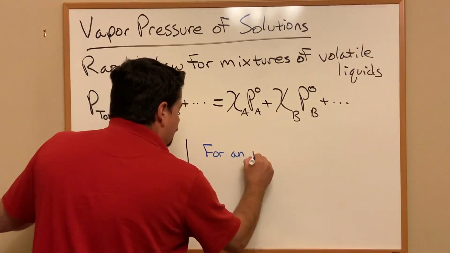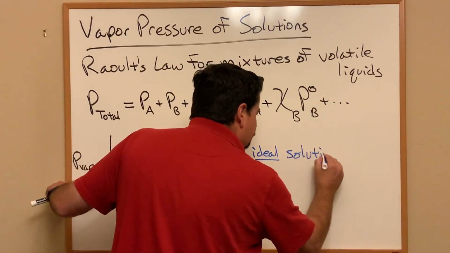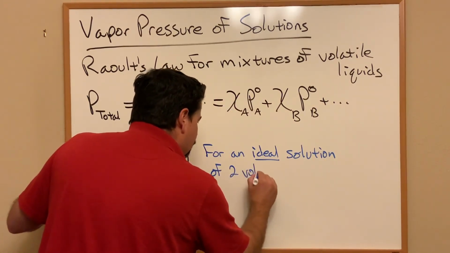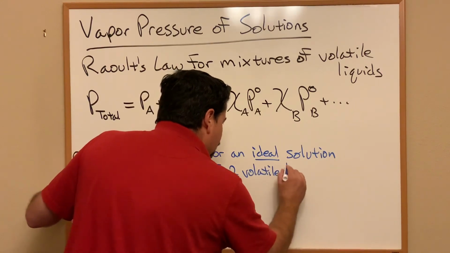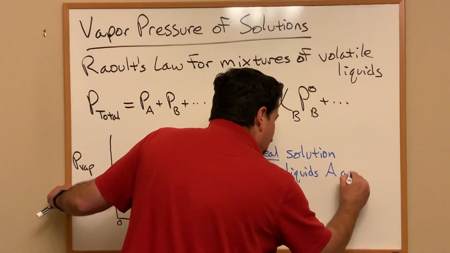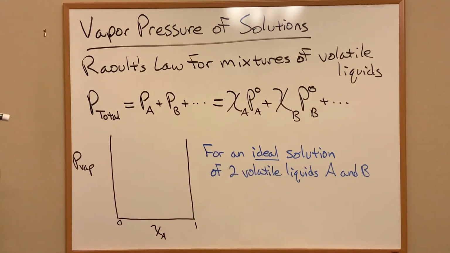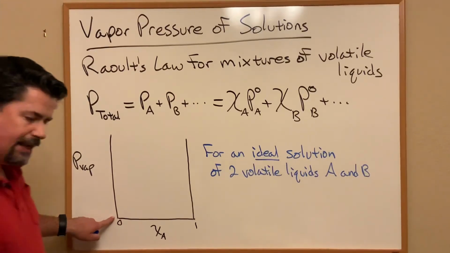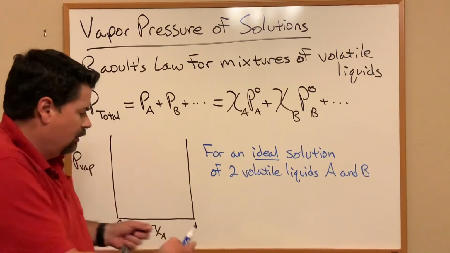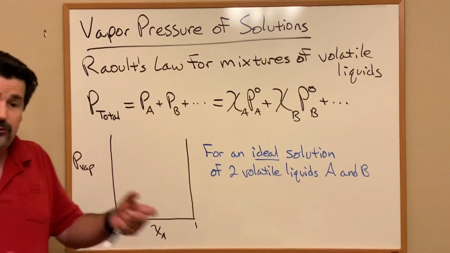So let's do this. For an ideal solution of two volatile liquids, A and B. So this is our system here. So what we would do is we make up different mixtures with different mole fractions, different ratios, and measure the pressures.